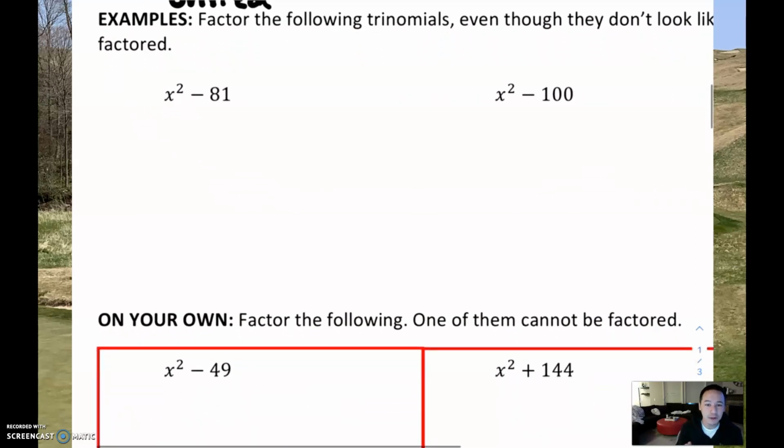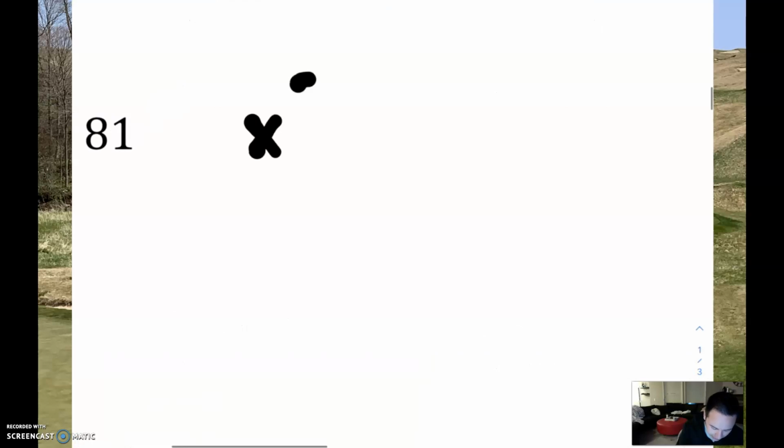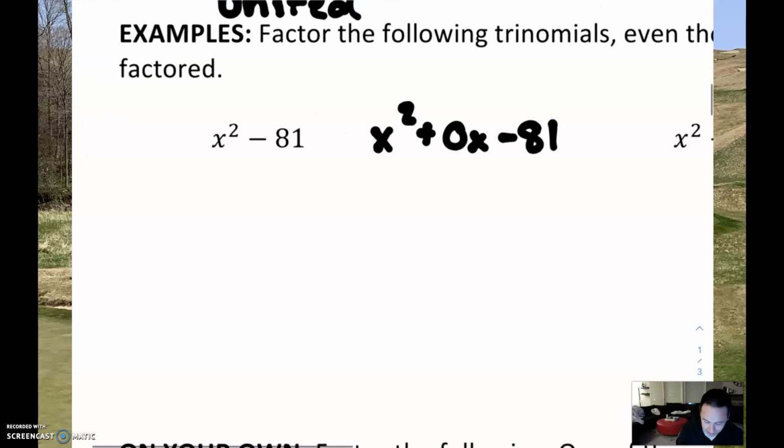Factor the following trinomials. Even though they don't look like trinomials, it is a trinomial. Remember, trinomial means 3 terms. If you look at x squared minus 81, well, there's only 2 terms. So let's think of it in a way that we can think of it as a trinomial. It's x squared plus 0x minus 81.